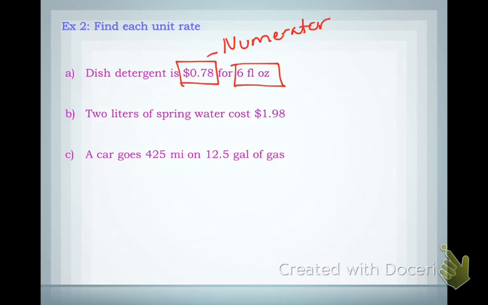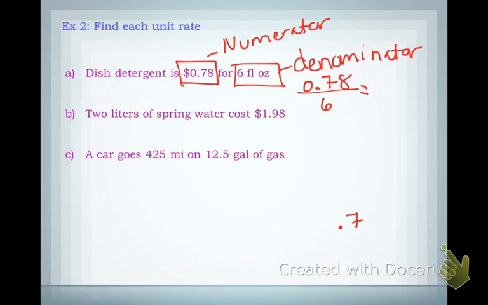And your second number will always be your denominator. So you're going to do 0.78 divided by 6. And you're going to do all the work. You're going to divide using your head or hands, but not a calculator.